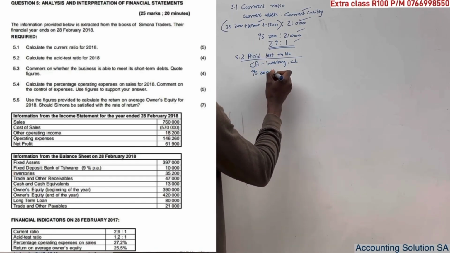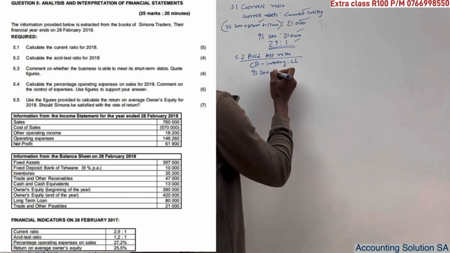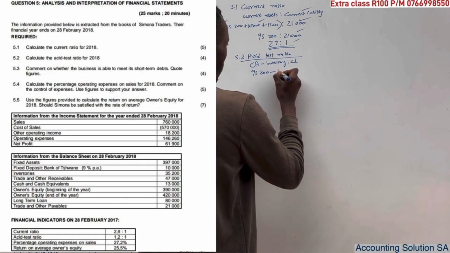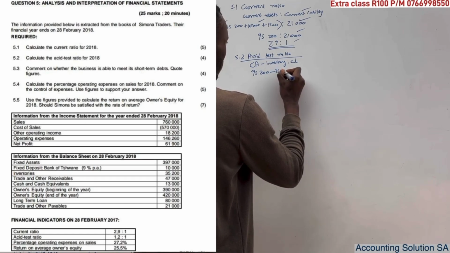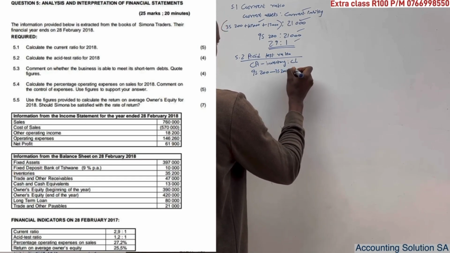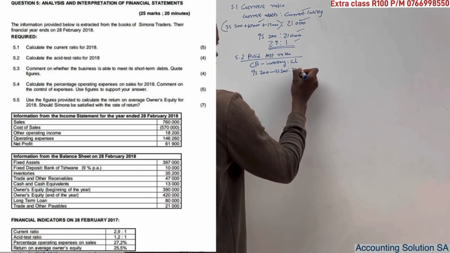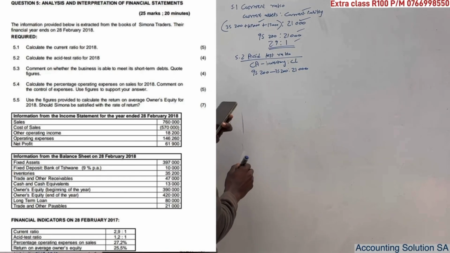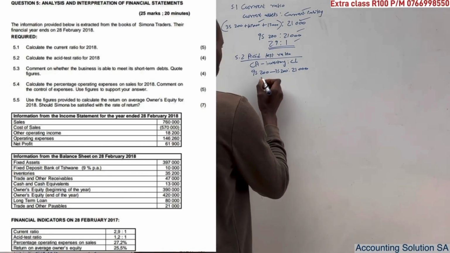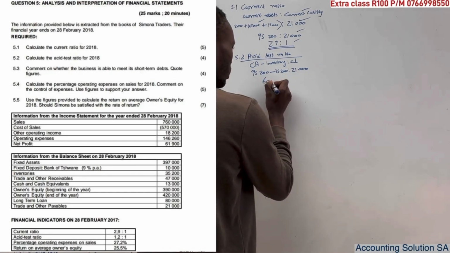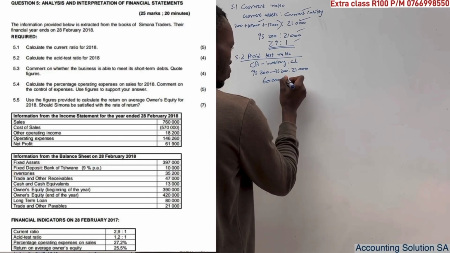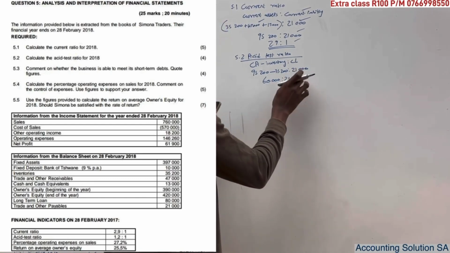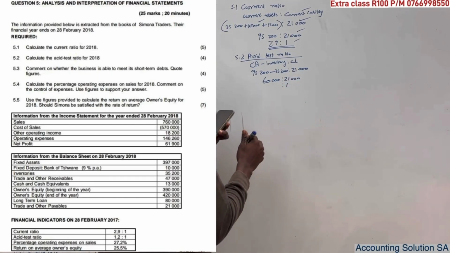Minus inventory, which is 35,200. Current liability is 21,000. If you subtract these two, it's going to give you 60,000. 60,000 is to 21,000, and you're going to get 1 this side because 21,000 divided by 21,000 is 1.